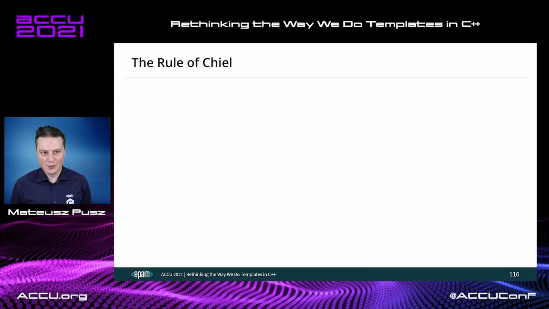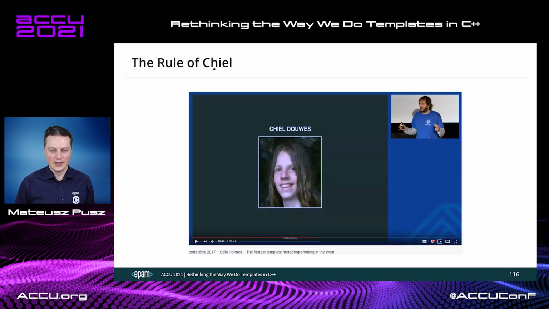And talking about the cost of specific operations, there is the Rule of Chiel. Chiel is an intern that worked for Odin, probably still works there. And he basically made an engineering approach to assess compile time performance.